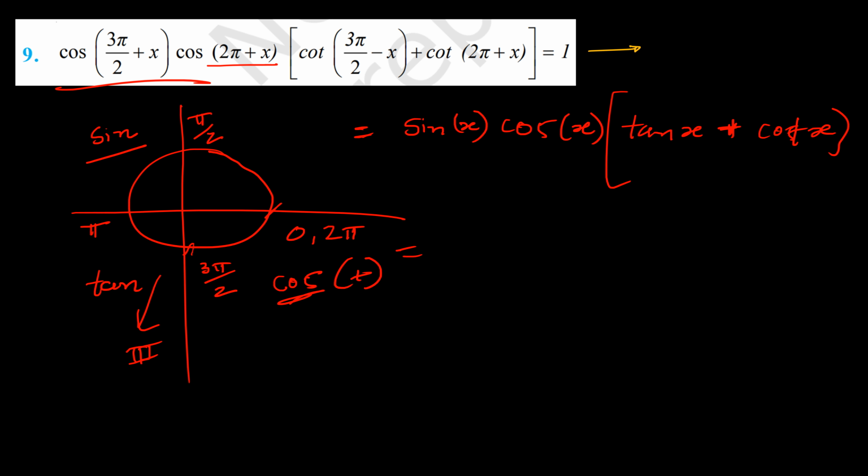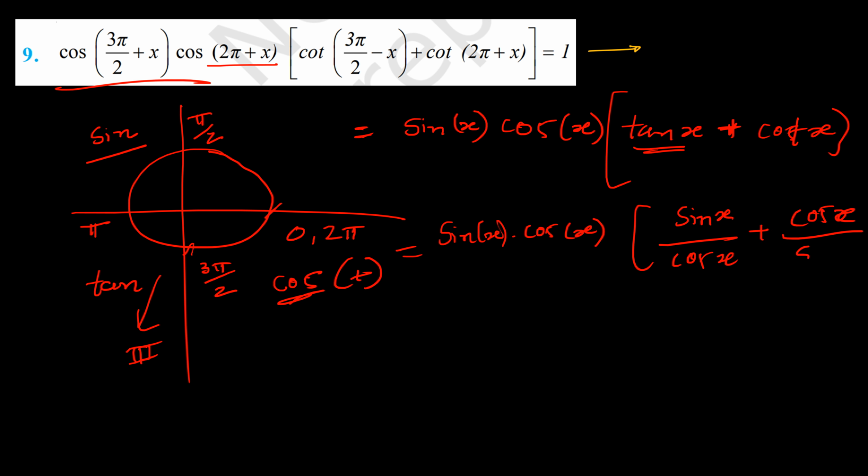Now how can we solve this? Let us put tan x is equal to sin x upon cos x. So it is sin x into cos x, and sin x upon cos x plus cos x upon sin x. Let us make it easy.